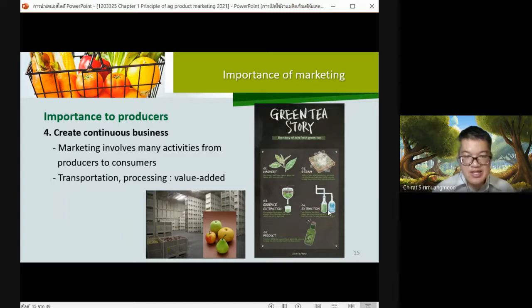Like this picture, you see the apples and the pear. Think about why we can consume apples all year. It's actually about marketing, because the demand for apples is there all year. Every month, consumers need to have apples. So marketing leads to the process of storage.